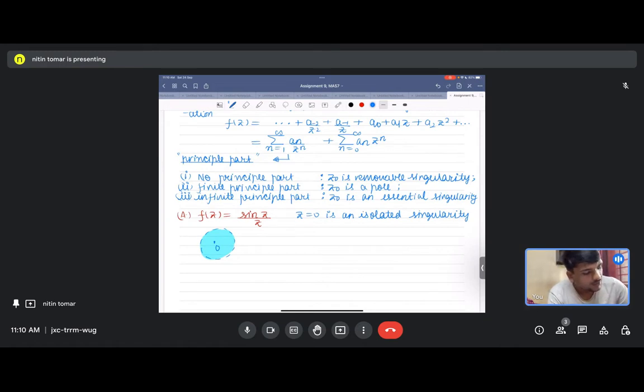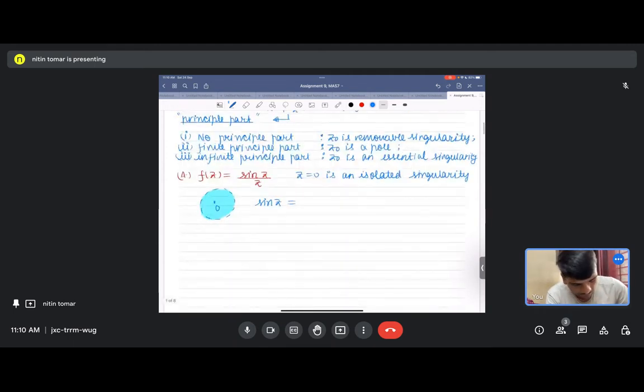Now, what kind of singularity? You know sin z has this representation: z minus z cube by 3 factorial plus z^5 by 5 factorial minus and so on. If you divide it by z, it will become 1 minus z square by 3 factorial plus z^4 by 5 factorial.